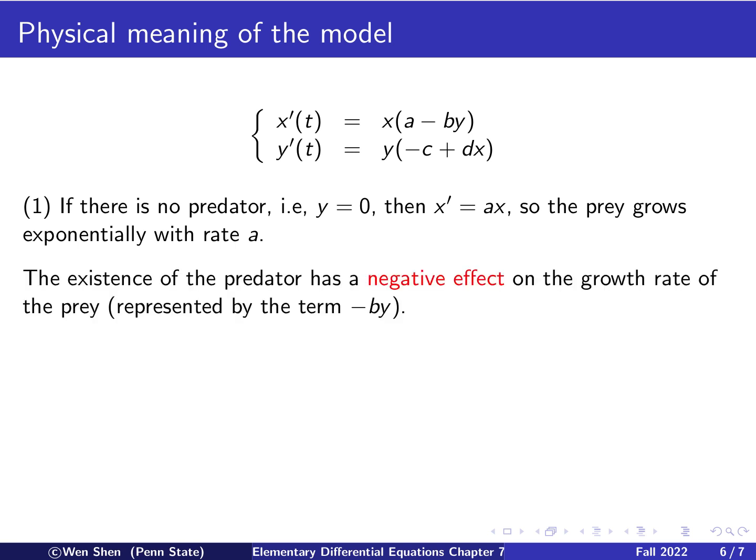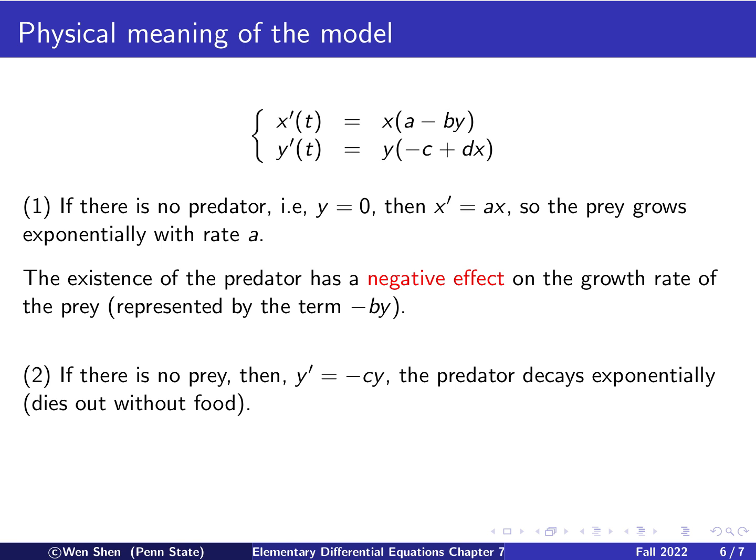Now, if the predator is present, we know by the model it should have a negative effect on the prey because the predator would eat the prey. And so we see the presence of this term, negative by, which is negative. On the other hand, if there is no prey, that is x is 0, then x is forever 0. And then y prime will just be negative cy here.